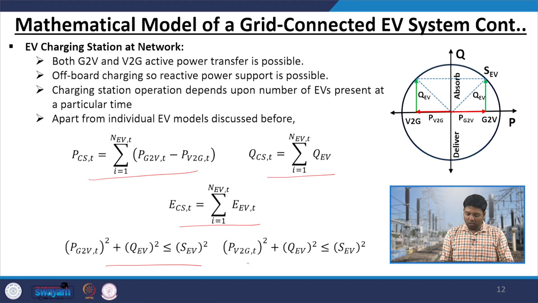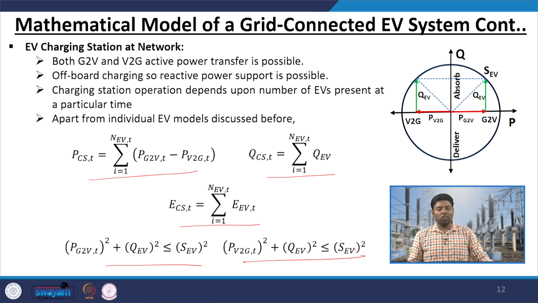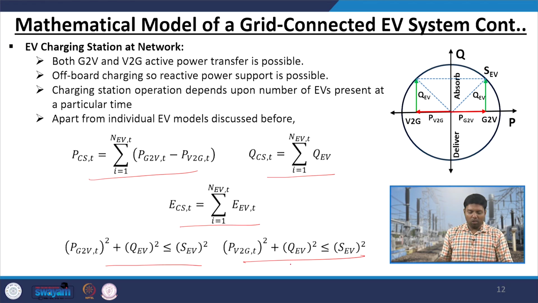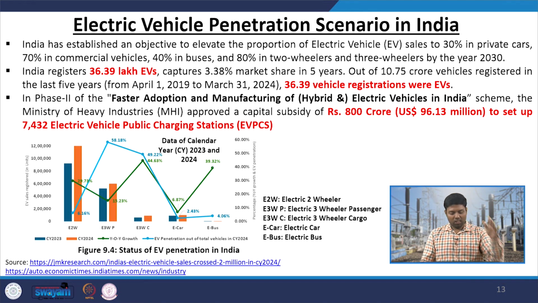Similarly, there is the 4 quadrant operation of your overall charging station, because the charging station can take power and give power, and similarly it can give and take reactive power also. So, it operates as a 4 quadrant operation and it follows this architecture. This equation looks like a circle equation. That is how this active and reactive power operation is managed.